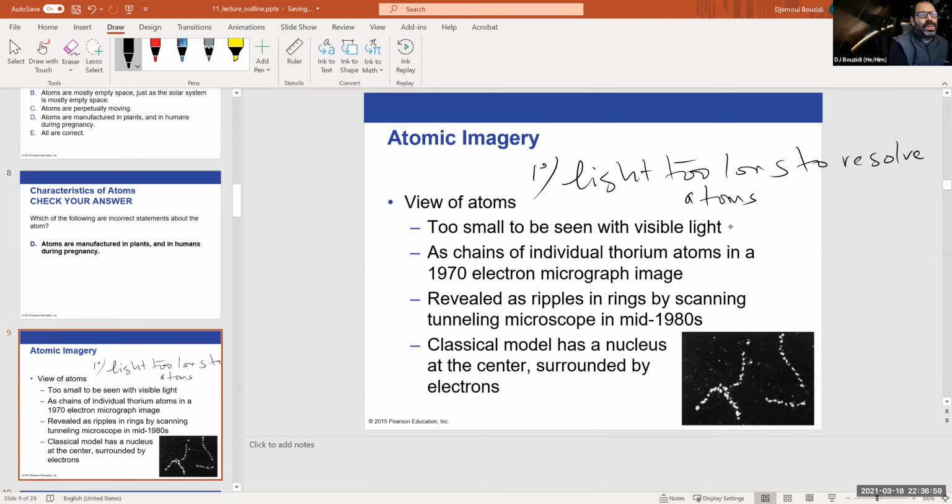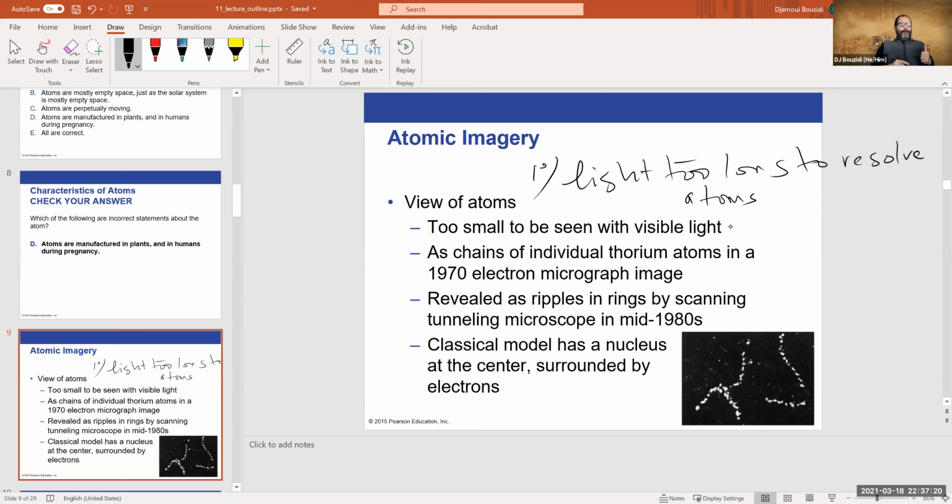This is the item that I want you to remember. If somebody asked me when I was in middle school or high school, you cannot see it. Yeah, you can't see it because it's smaller than the shortest wavelength that you can see with. Make sense? This is item 1.